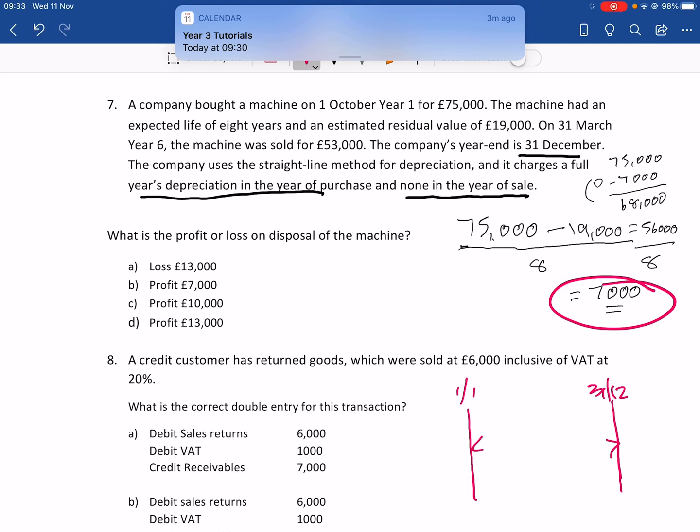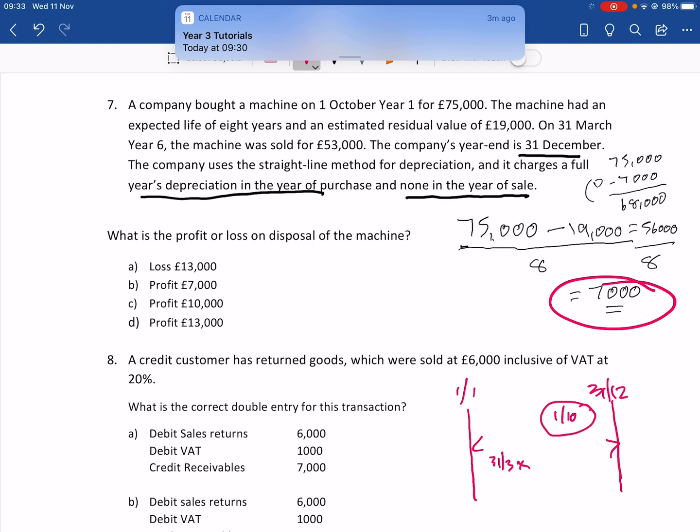It tells us in the question that the machine was bought on the 1st of October, and it was sold on the 31st of March in year 6. It tells us that we charge a full year's depreciation in the year of purchase, but none in the year of sale.